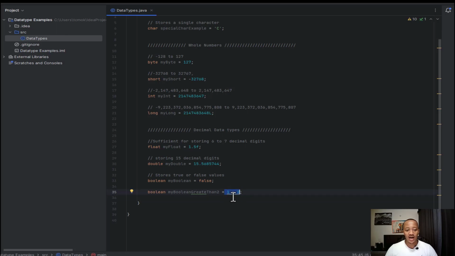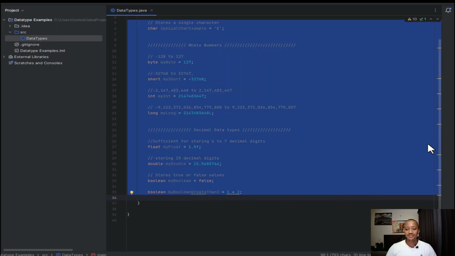For example, I said 1 greater than 2. So what this is going to do, it will say 1 greater than 2 is false, and it's going to take false and assign it to this value. So it's going to say, no, this is false, and attach it into my container. And then if I change this and put it like that, it's going to say, no, this is true, assign true into this value. Okay?